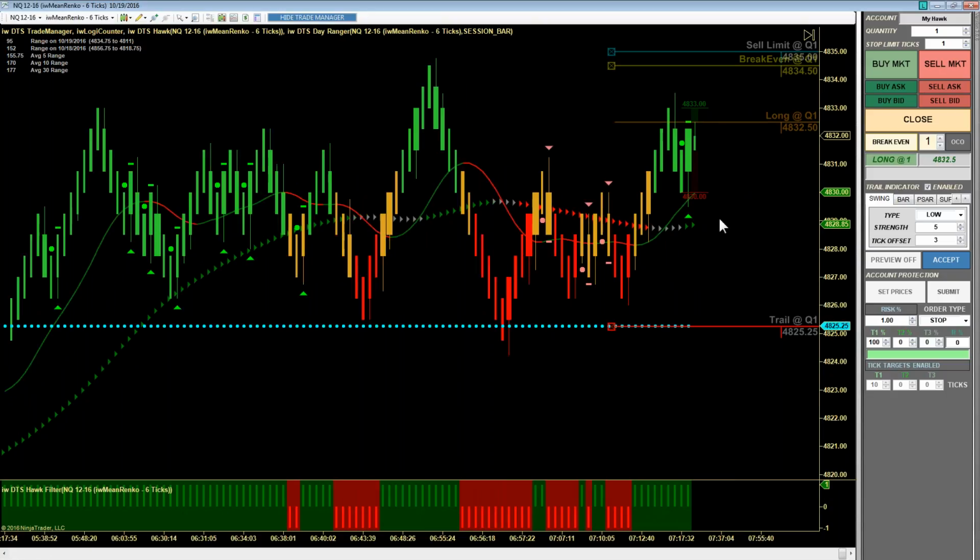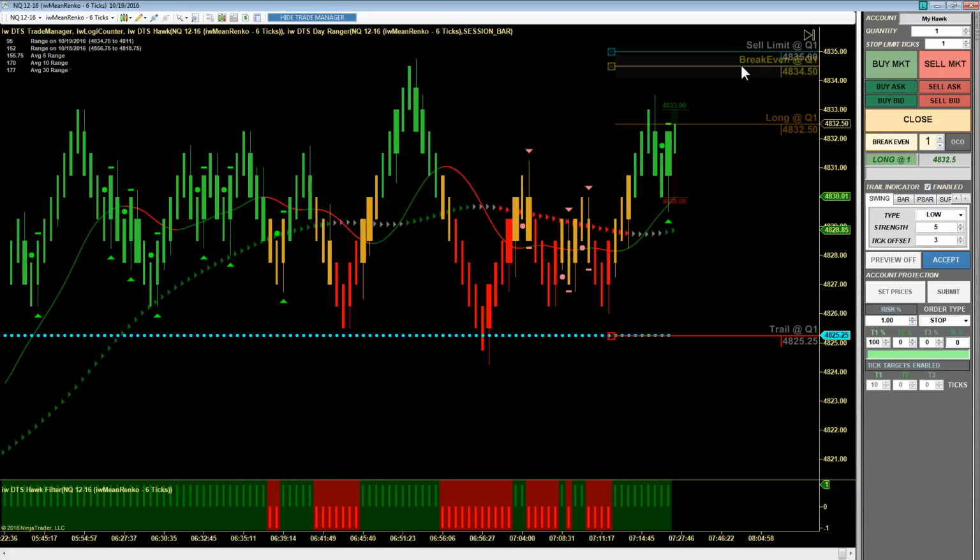You can see I've also got a break-even trigger in play. So if the market rallies and hits the break-even, it will roll my stop automatically from down here to break-even +1. And I can even run a negative break-even if I want, or I can protect more profit. Let's say I want to go break-even +3 ticks.